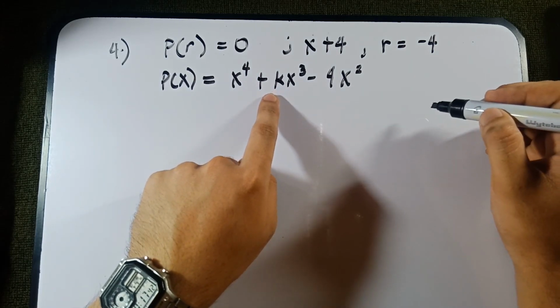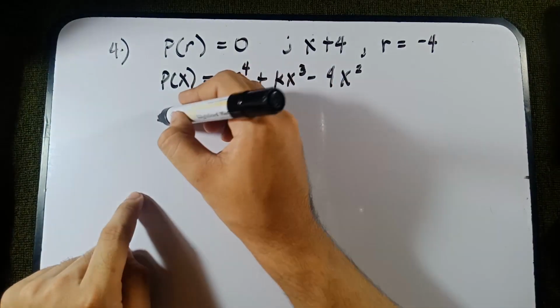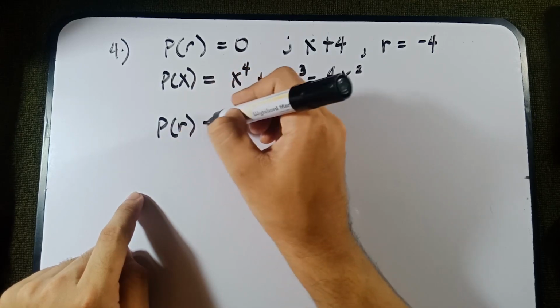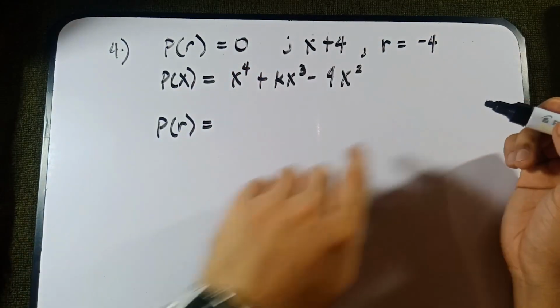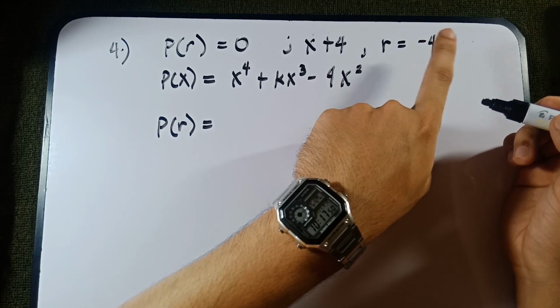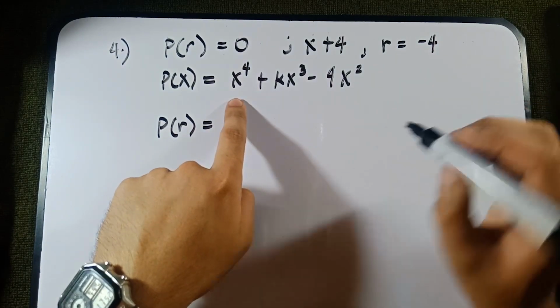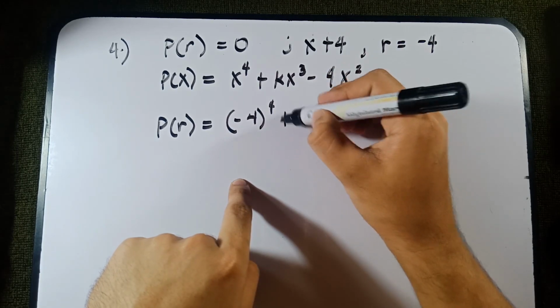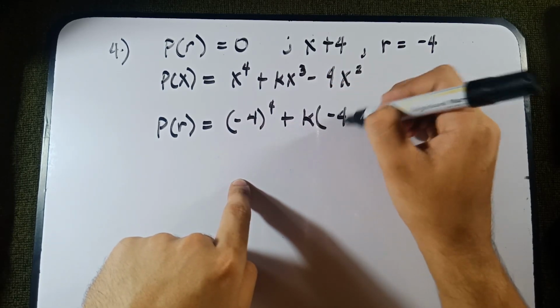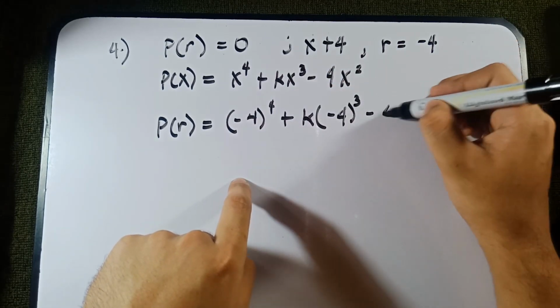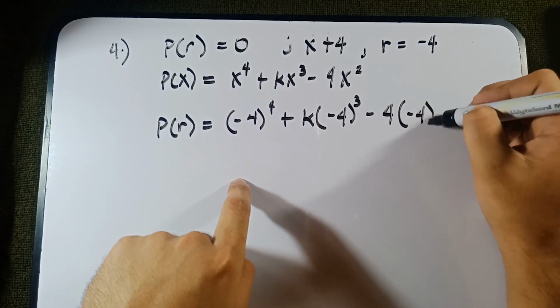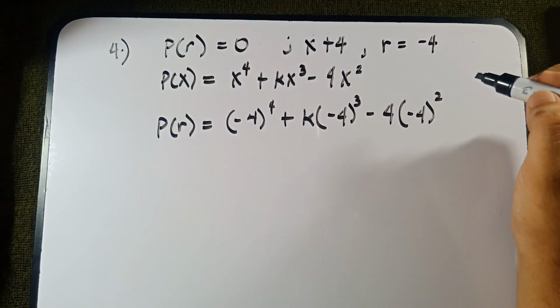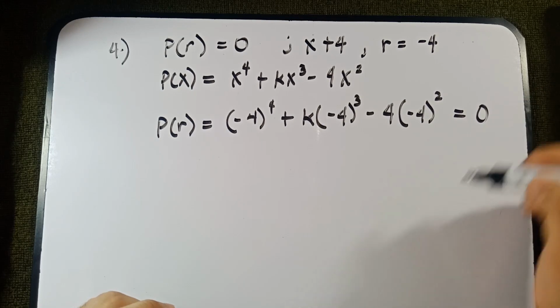Alright, ngayon, to solve for P of R, substitute natin yung negative 4 dun sa mga x. So, negative 4 raised to 4 plus k multiplied by negative 4 cube minus 4 multiplied by negative 4 squared, which is equal to 0.